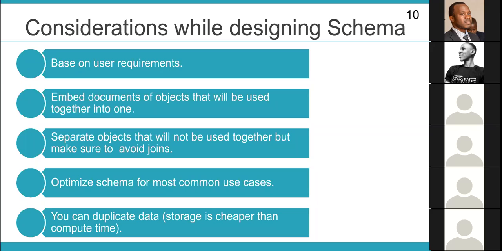So then you can try to optimize your schema, because this is really flexible. You can always optimize your object schema in such a way that it suits the most frequent queries that will be received. And then don't worry about data duplication. You can duplicate data, because nowadays storage is really cheaper than compute time.